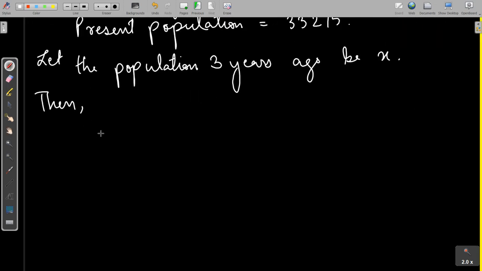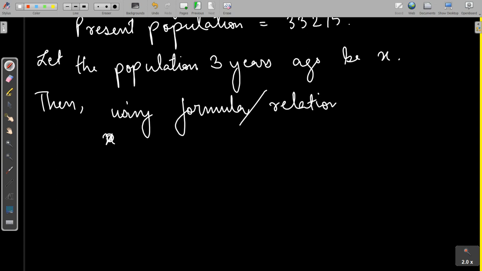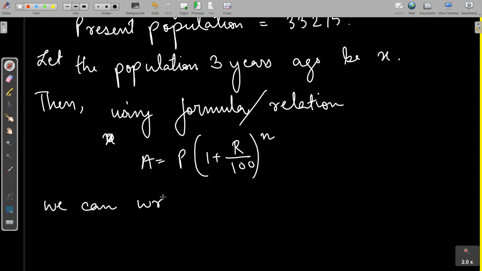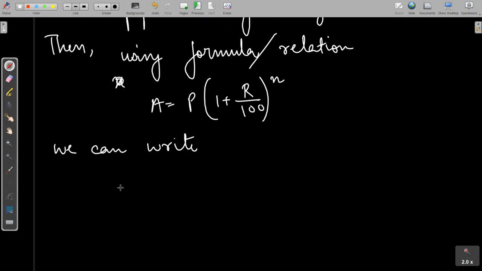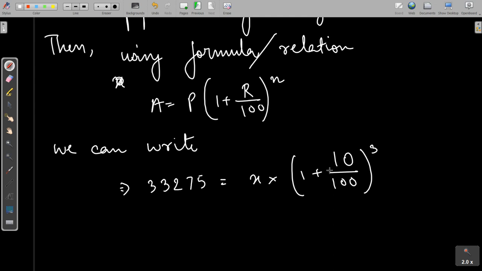Then X, which is the principal, using the formula, or simply we can say relation, A is equal to P times 1 plus R by 100 power n. A is our current population, so the current population is 33275. 33275 is equal to X times 1 plus 10 by 100, cubed.